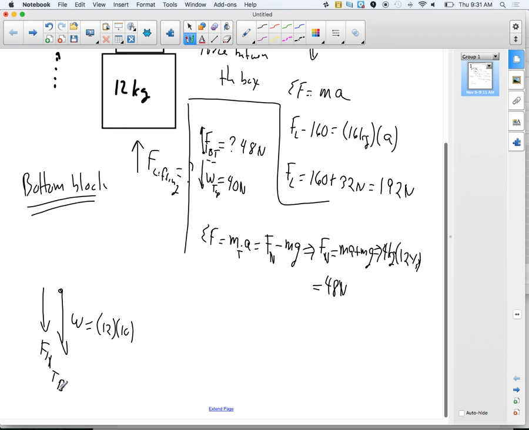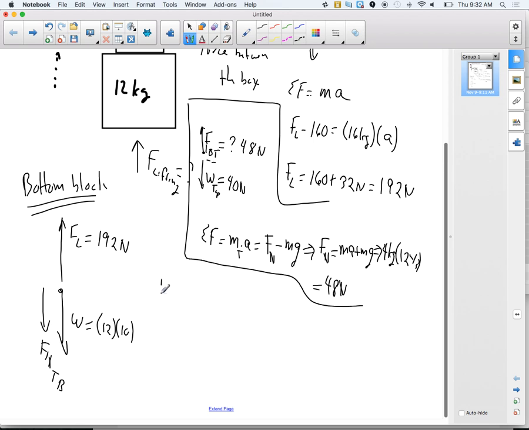You're 100% correct, but I just want to label it this way. Are there any other forces acting on the bottom block? Yes. The lifting force. And we found that the lifting force, F lift, is 192 newtons.